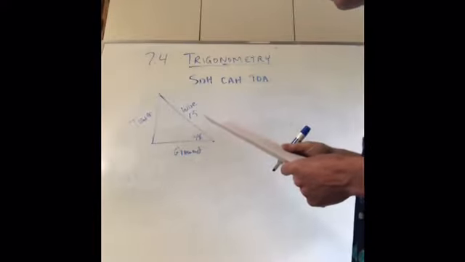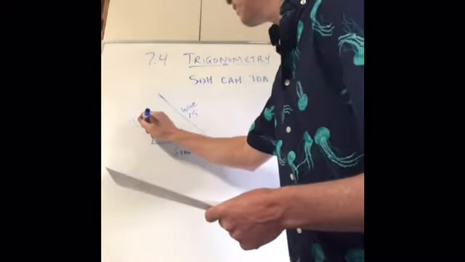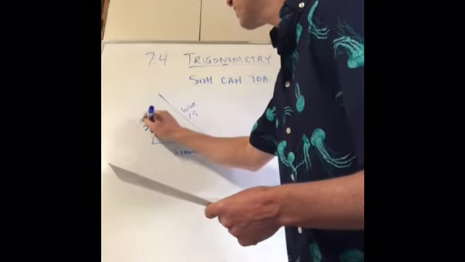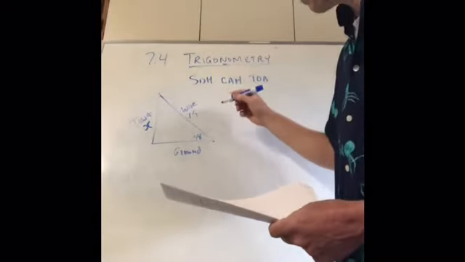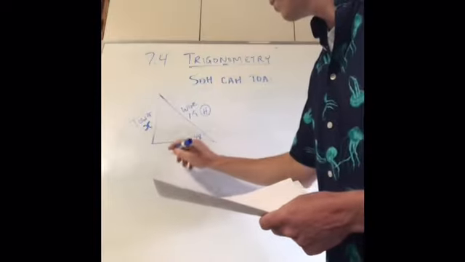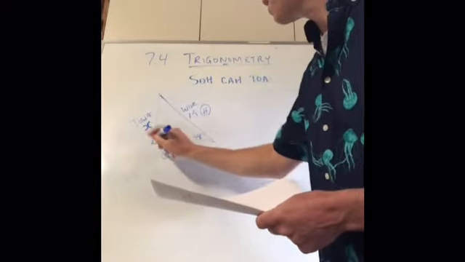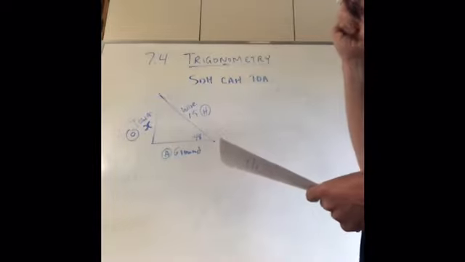The antenna of the tower here is X. If I label up our three sides, the wire is the hypotenuse of the triangle, the ground is the adjacent side, and the tower is the opposite side.